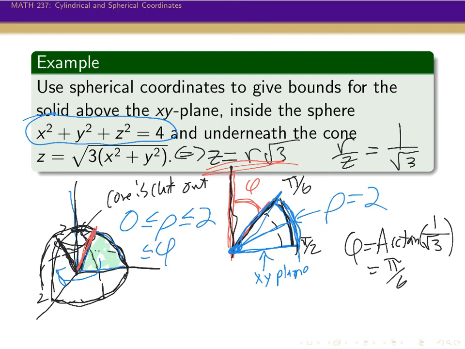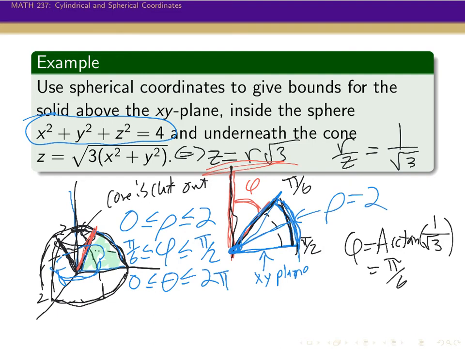So phi is going from pi over 6 to pi over 2, and then theta, we're going all the way around the xy plane. So theta is going from 0 to 2 pi.